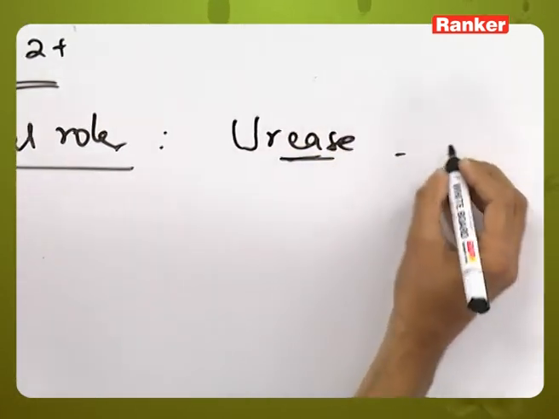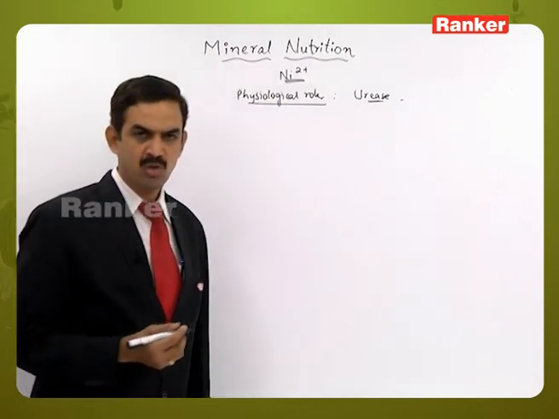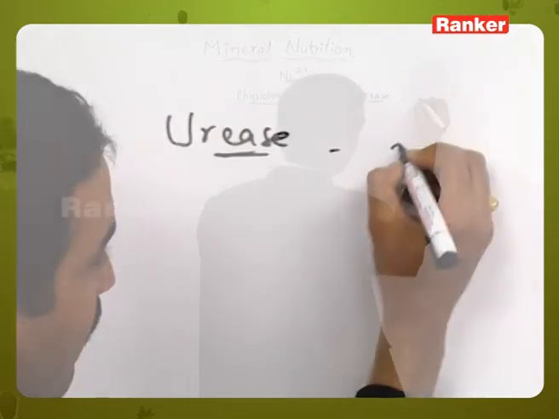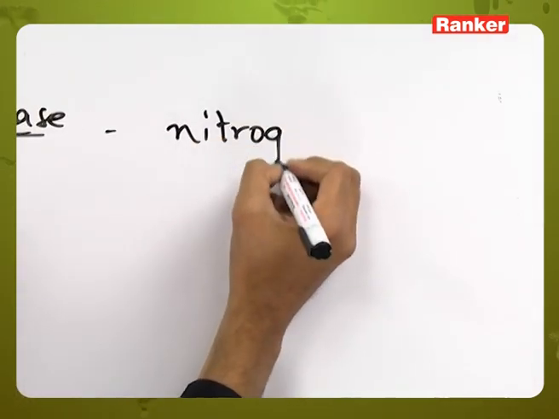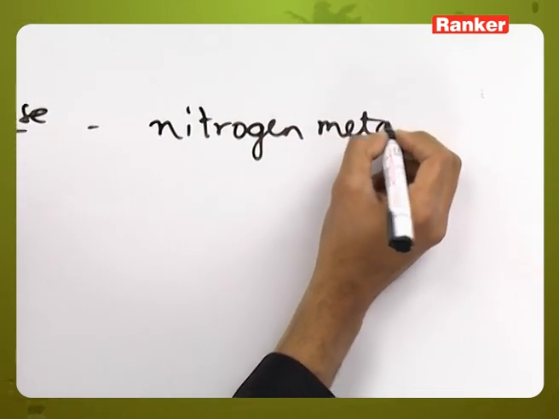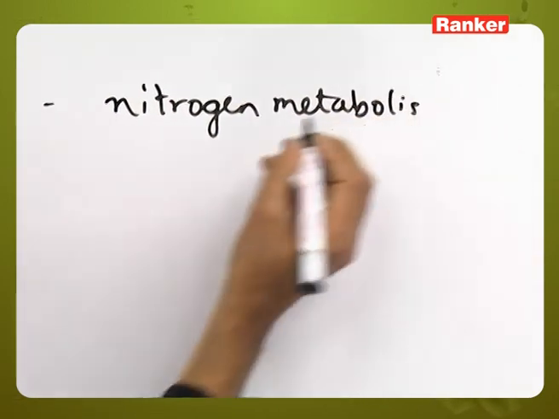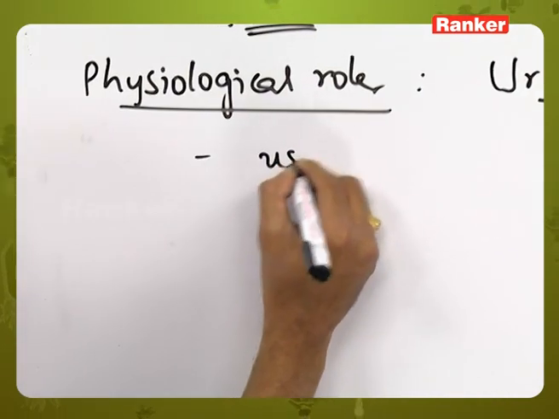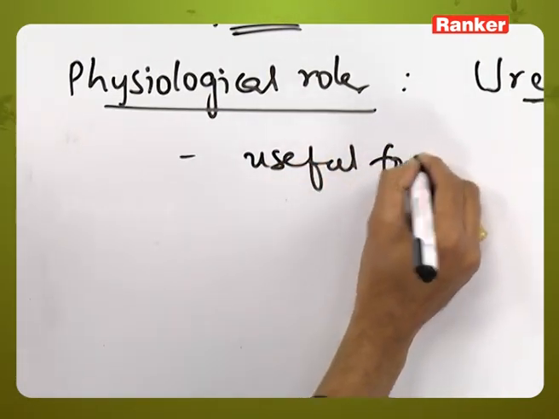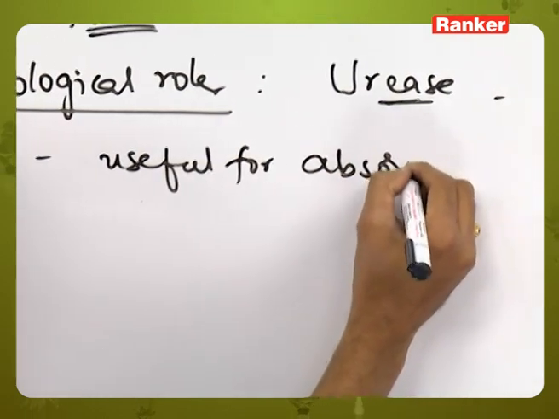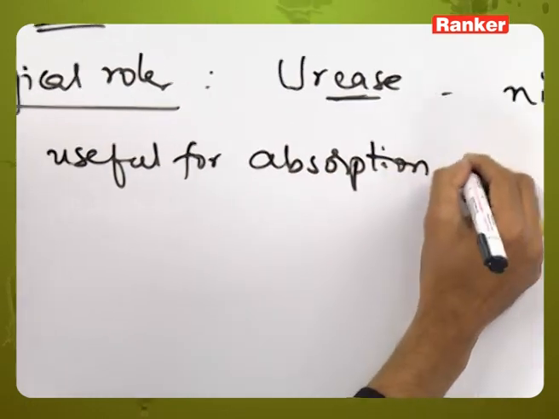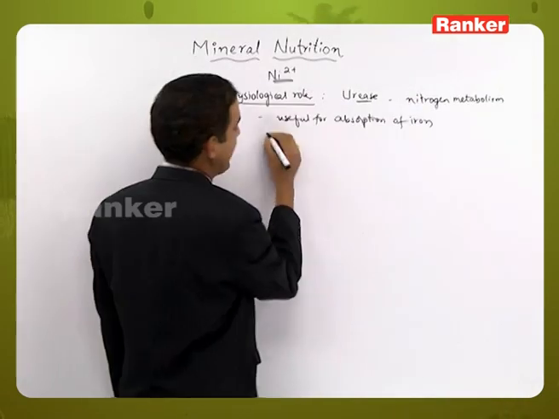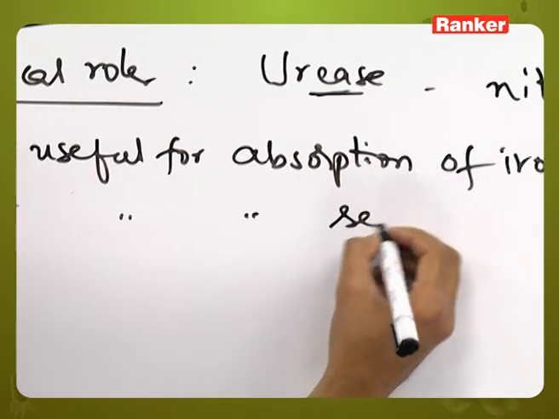Urease acts on the urea molecule, which is useful in releasing nitrogen, that is nitrogen metabolism. And it is useful for absorption of iron, and also useful for seed germination.